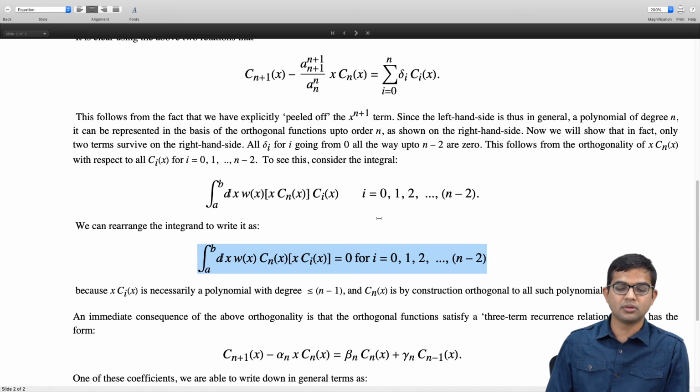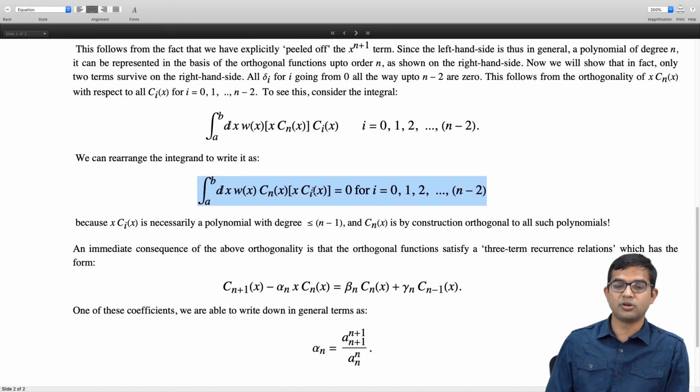We have got it in this prescription already worked out. So alpha n is just the highest coefficient a n plus 1 of this expansion for Cn plus 1 divided by the highest coefficient term in the polynomial Cn of x, right?